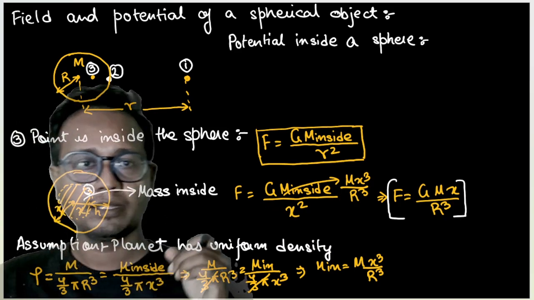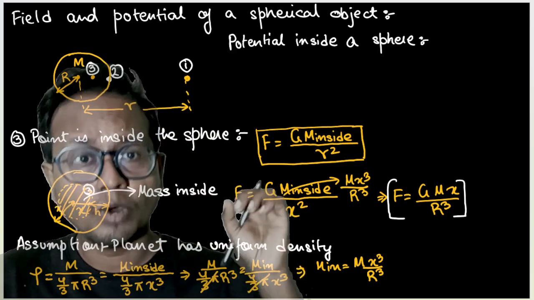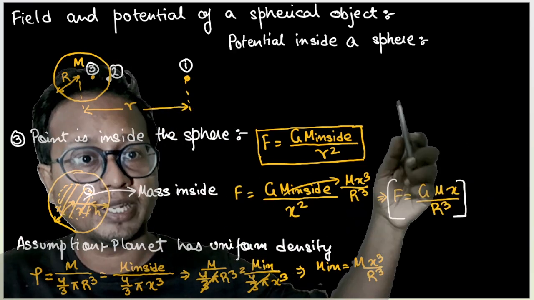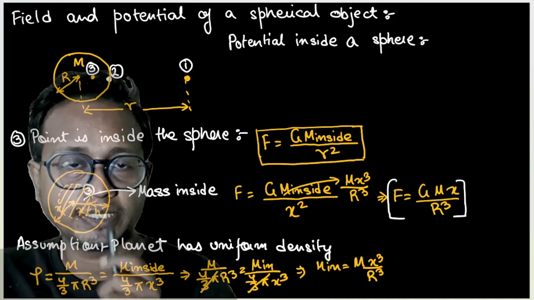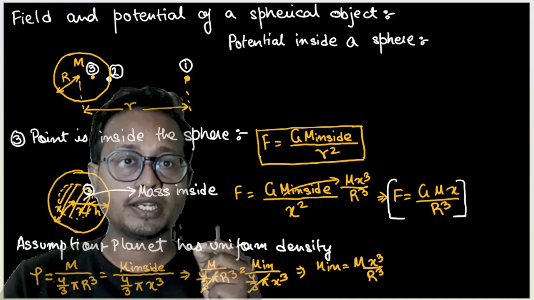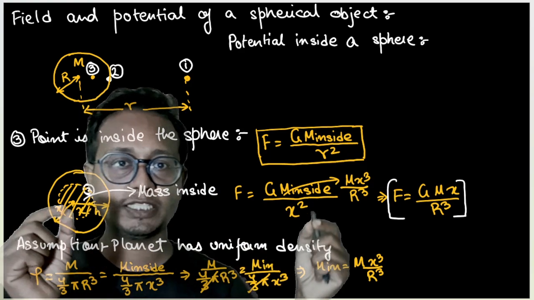Now to find out potential, what is the definition of potential? Work done against the gravitational force in bringing a unit kg from infinity to this point, or point number 3, is nothing but the potential at this point.